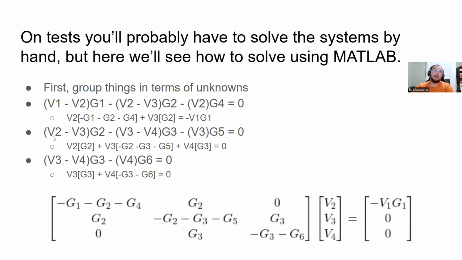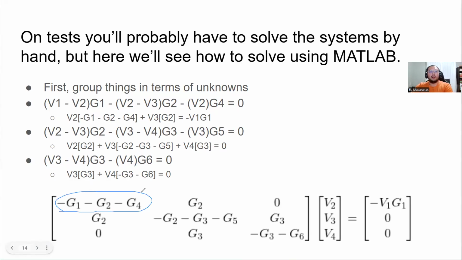From my second KCL equation, I just repeat the process. I pick out all of the V2 terms, all of the V3 terms, and all of the V4 terms, sum those to 0, and do the same thing for the last equation. Then I've written it out in this matrix form because it makes life easier. The way this works is my first equation appears up here: the first term is minus G1, minus G2, minus G4.